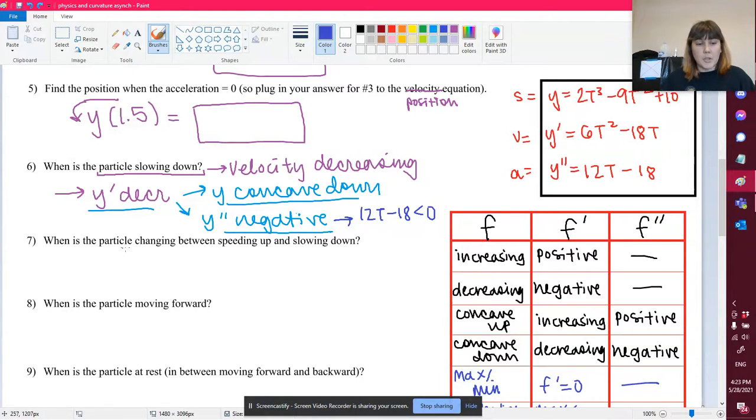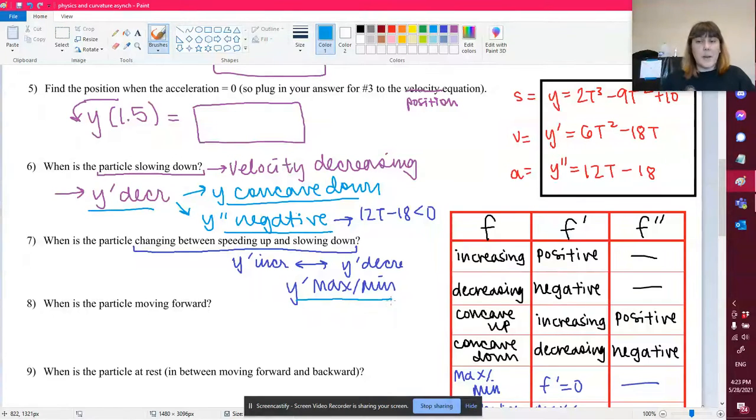When we're talking about changing between speeding up and slowing down, that means we're going from y increasing to y decreasing, which means we're looking for when y prime is at a maximum or minimum. So we can say, all right, when is the derivative at a max or a min?